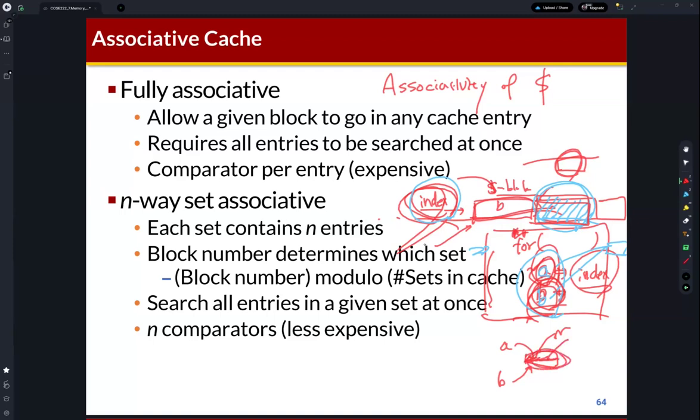But in this iterative loop, A will access the cache again, and A is not found. Why? Because A was evicted already. So in this loop, allocation and eviction will be repeated. This is the problem.